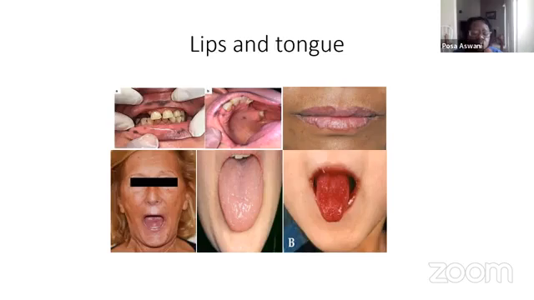I just want us to go back to the tongue labeled B. In the era of COVID, because my passion is teenagers and that's pediatrics, some of the children just presented with this.